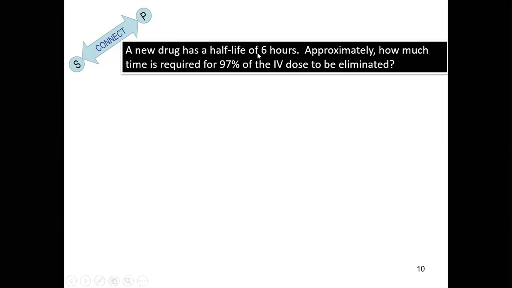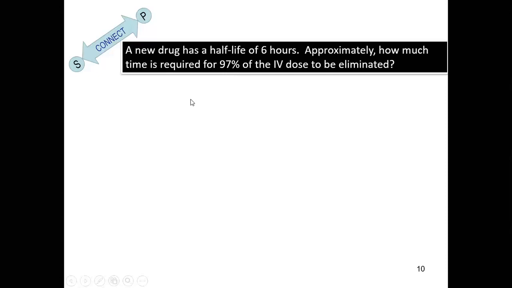So if I took this drug that has a half-life of 6 hours, and the physician wanted me to add a drug B, and I don't want drug B to be in the system while drug A is still in the system, I have to make sure the amount of drug A remaining is very insignificant, which is maybe after we eliminate about 97% of the drug, and the remaining portion, 3% or less, is insignificant. So we use the concept of half-life in this situation.